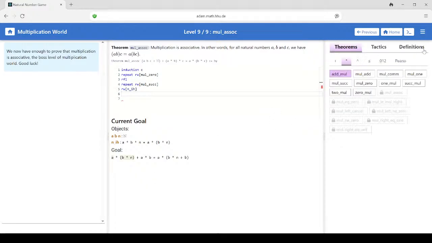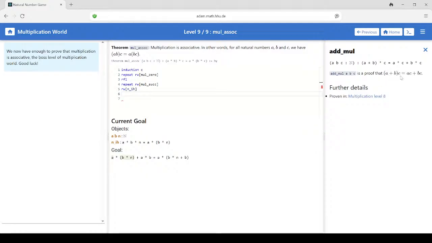What can I use? Wait, can I use this? Can I use this somehow?